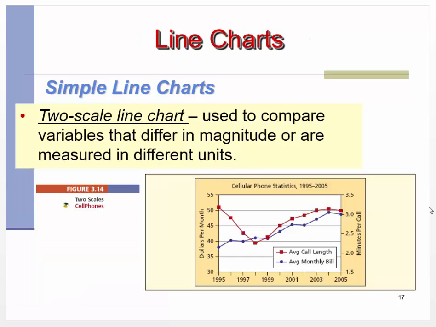You can use a two-scale line chart like this one. Basically, you can use it to compare variables that differ in magnitude or are measured in different units. Like this one, the cell phone statistics between 1995 and 2005. The scale on the left is dollars per month. You can see here the average monthly bill is in blue, and the scale on the right is the minutes per call.